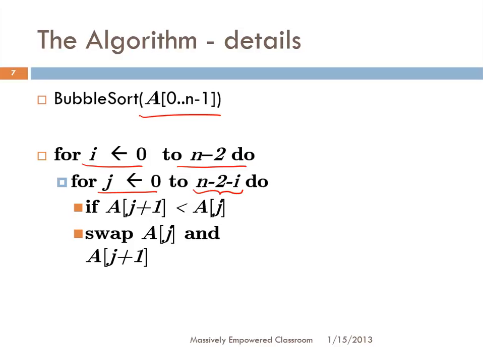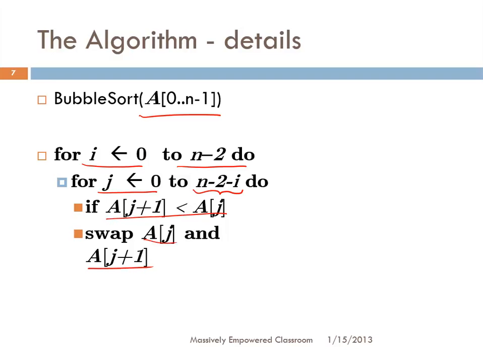And what do we do? If any two elements, a[j+1] and a[j], are not in increasing order, that is, if a[j+1] is less than a[j], then we exchange them. If it is greater than or equal to, we don't touch it. Swap a[j] and a[j+1]. This is it. This is the bubble sort algorithm.